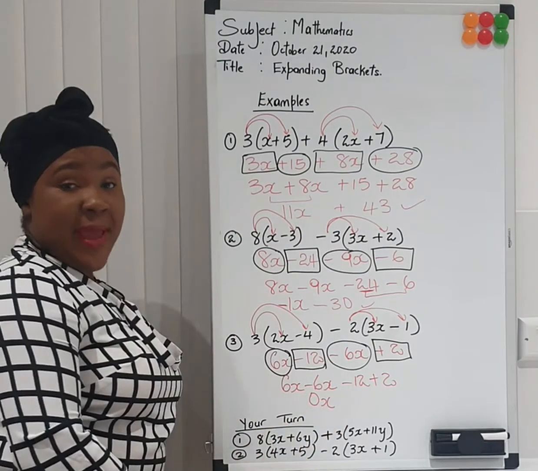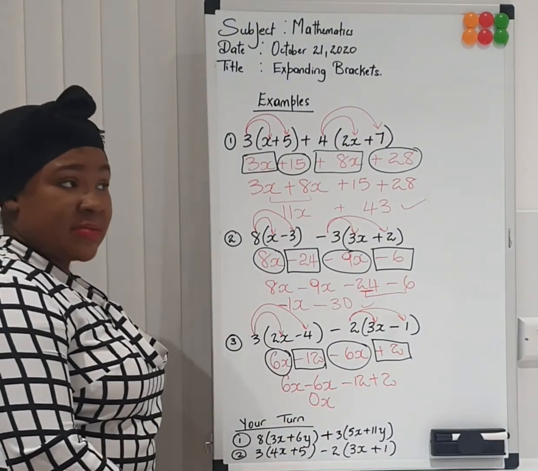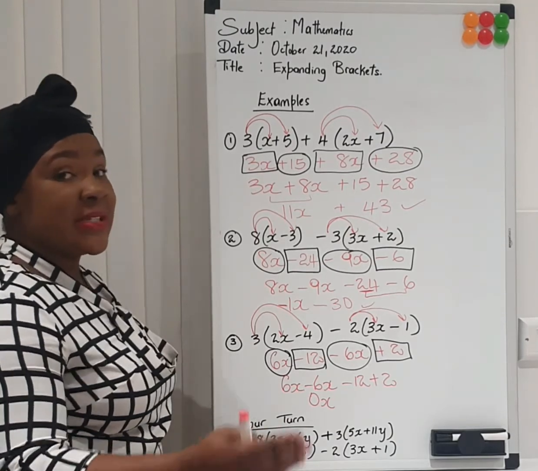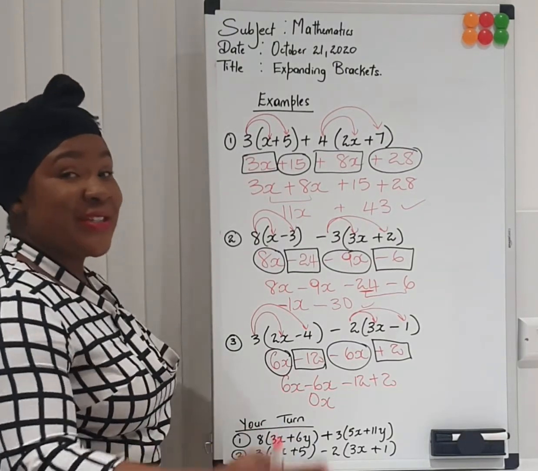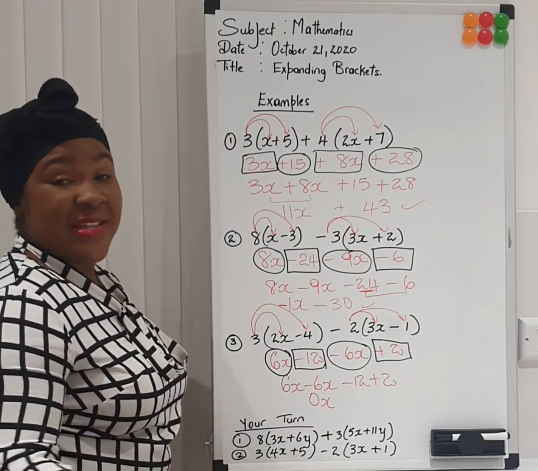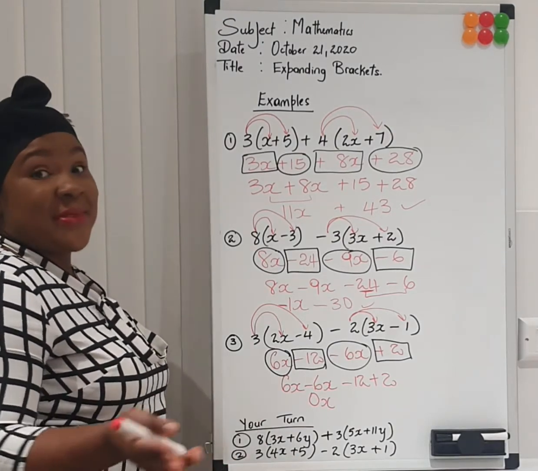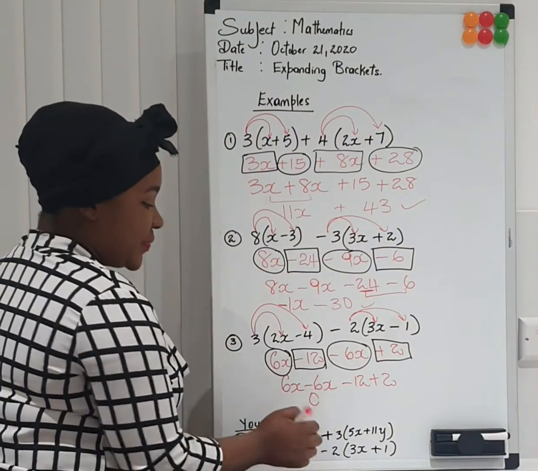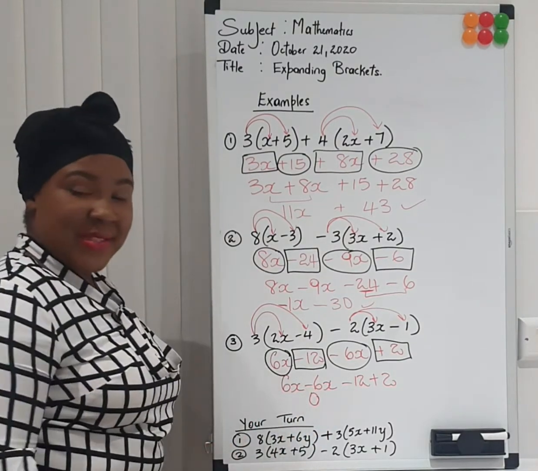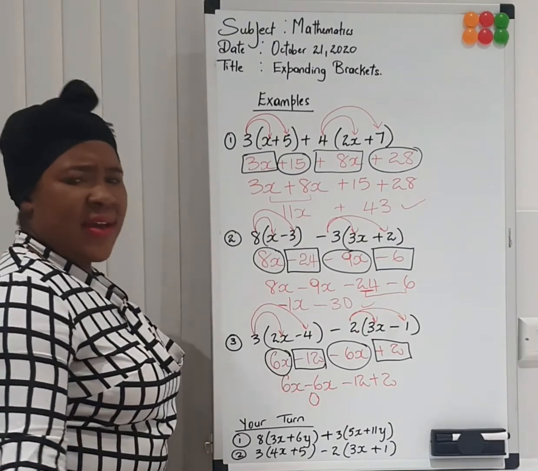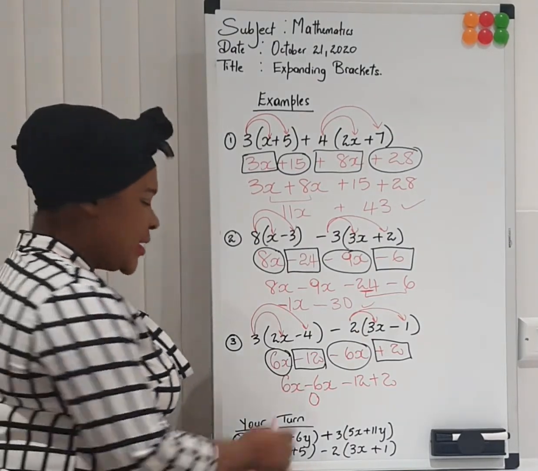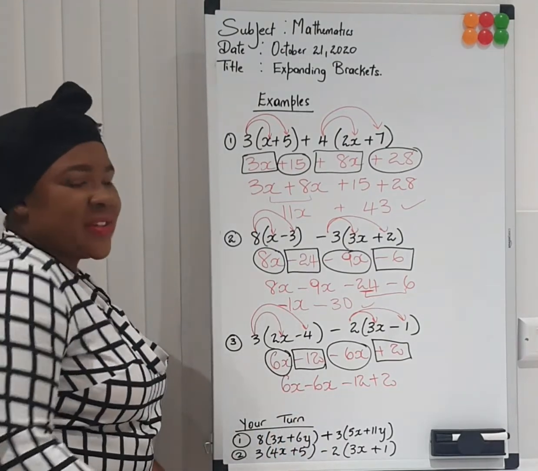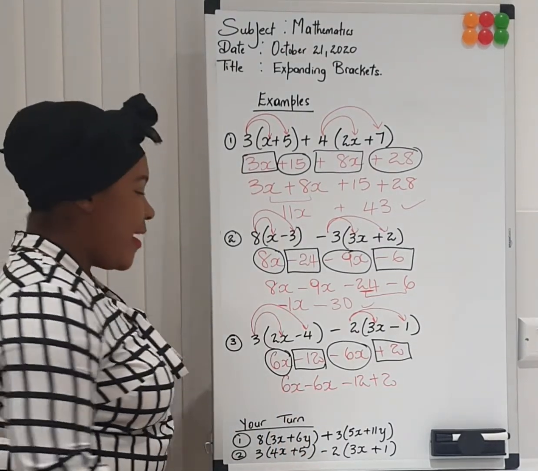Of course you can, but 0x is just 0 because 0 times 1 is 0, 0 times 2 is 0, 0 times 3 is 0, 0 times 20 is 0, 0 times 40 is 0, so 0 times x is just 0. So I could just write 0. And then I don't even have to put a number, so I can leave that space without anything because 0 is just 0, nothing. Alright?